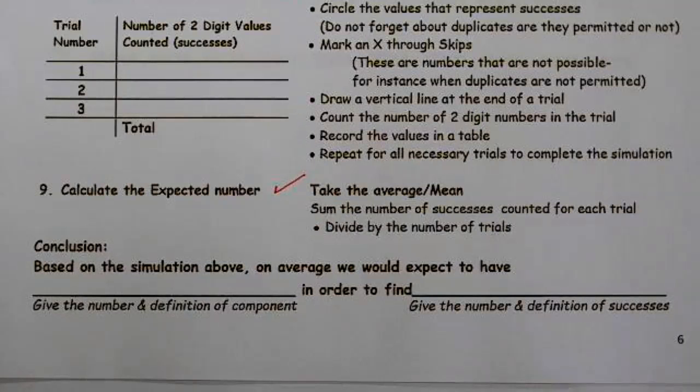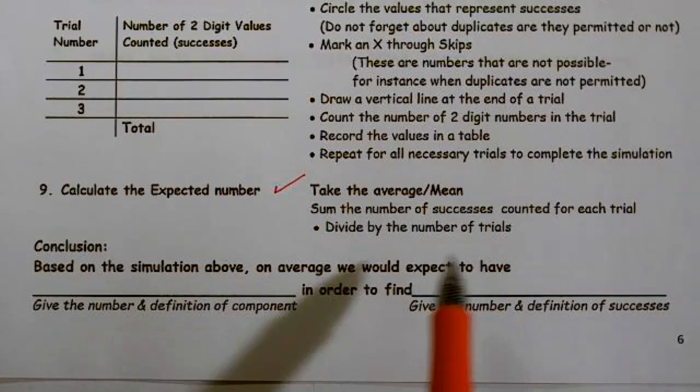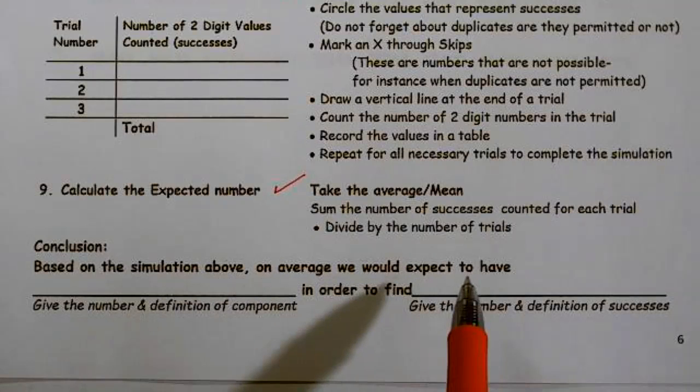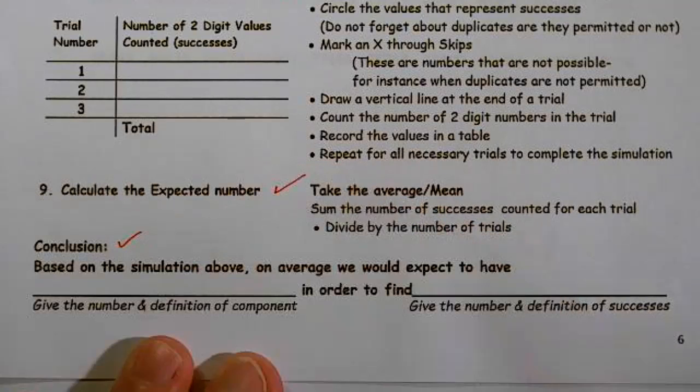This is where you're answering the question, but it's always going to start off with based on the simulation above or based on my simulation, we would expect on average, or on average we would expect. And you don't have to be word for word perfect, but you need to make sure that your conclusion is answering the question. And this is the last thing that has to be written down.